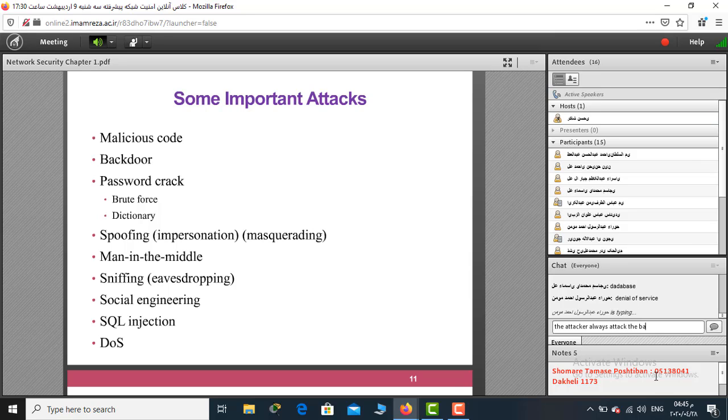For example, by sending many packets to the server, the attacker makes the server unreachable and unavailable, because the server cannot process this amount of requests, and the service to normal users will be interrupted and stopped.